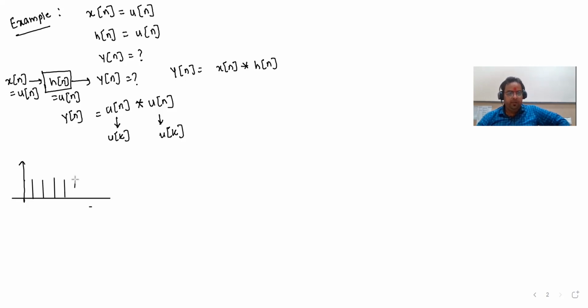With k, this u of k varies in this manner. This is the first function, the signal number 1. And then we have the second signal, which is again also a unit step.